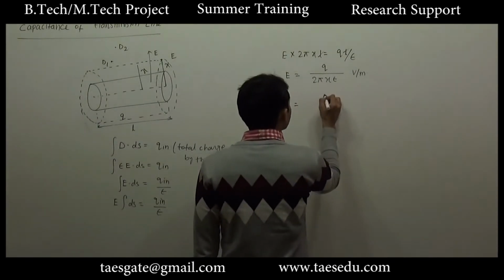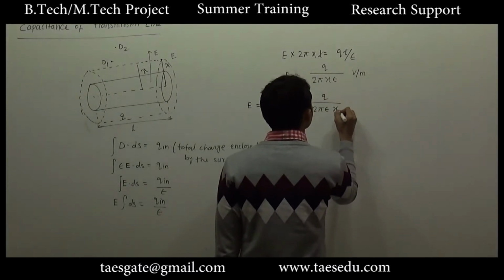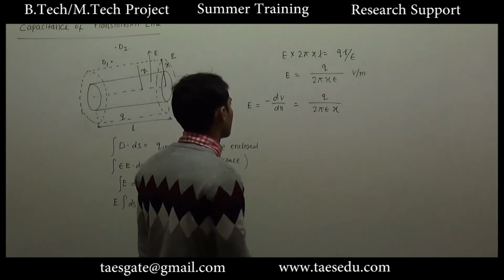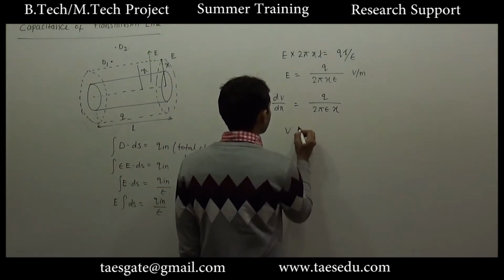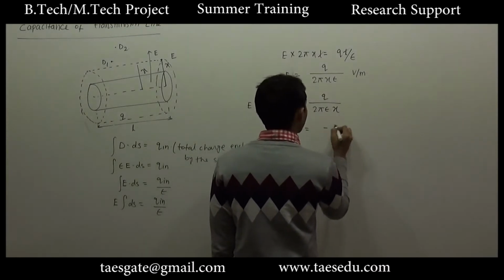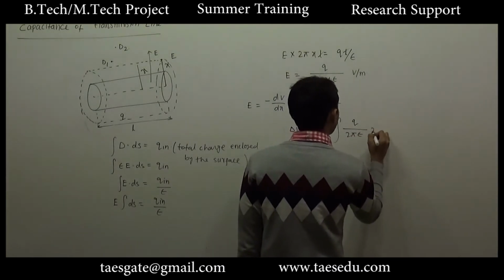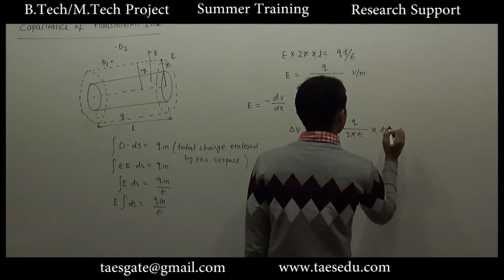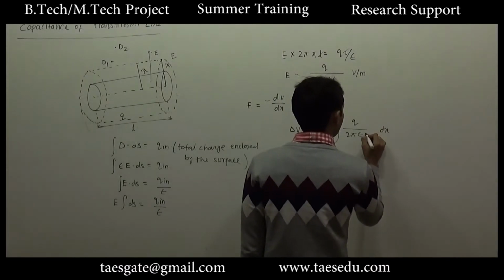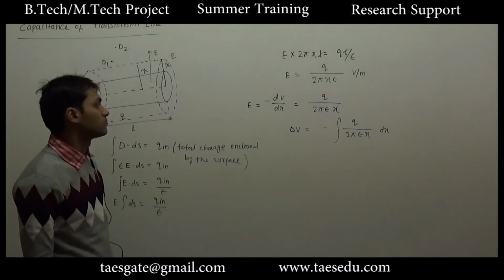So this will be equal to Q divided by 2 pi epsilon x. So the change in potential will be minus Q divided by 2 pi epsilon x dx.